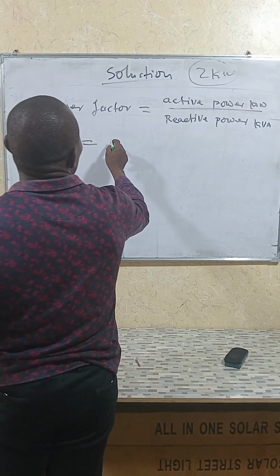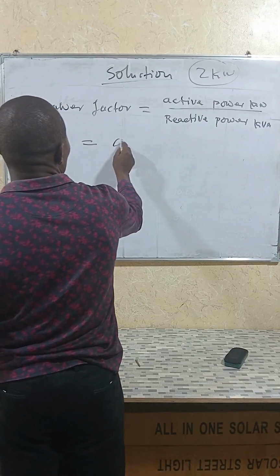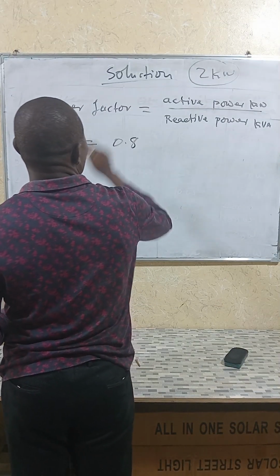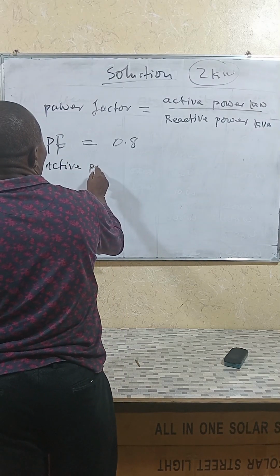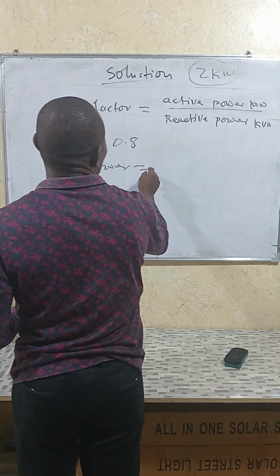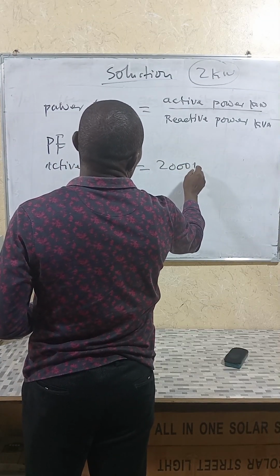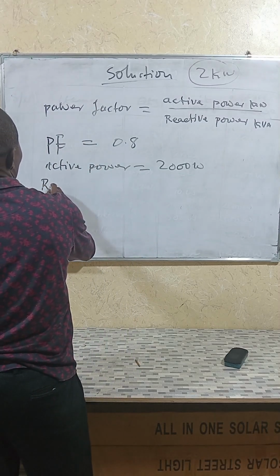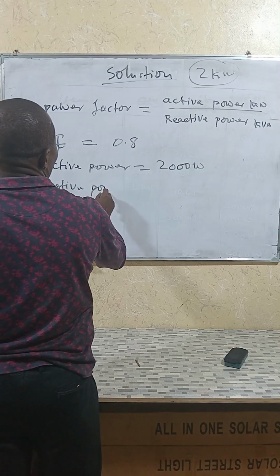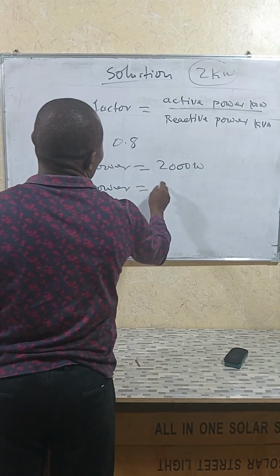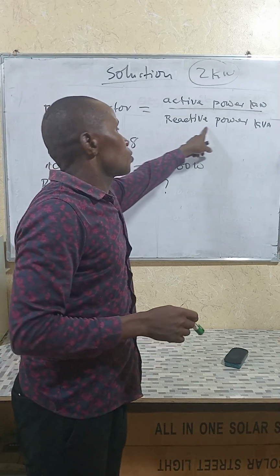So from here, you see that our power factor is equal to the active power over the reactive power, and the power factor is 0.8. The active power is equal to 2000 watts. The reactive power is what we are looking for.